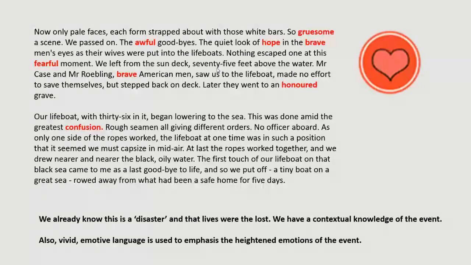And that's contrasting those brave men that put their wives on those boats in that hope, the quiet hope, that they would survive. And it is contrasting those positive feelings of hope and bravery to that gruesome, awful, fearful moment that they were in.